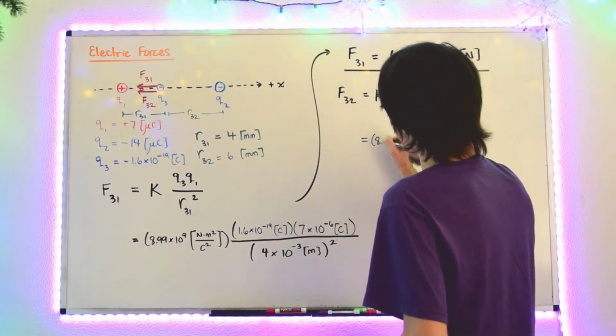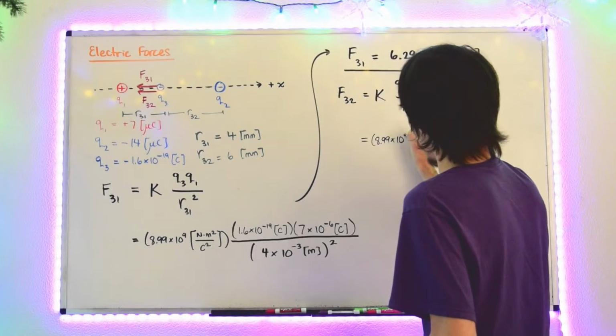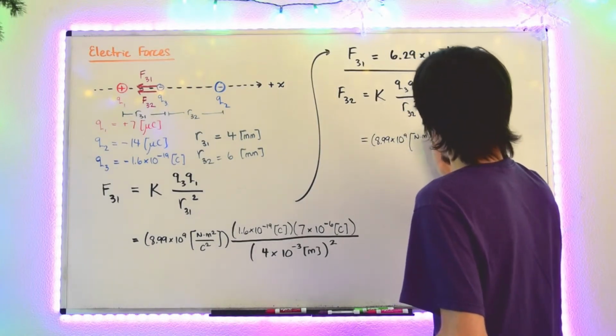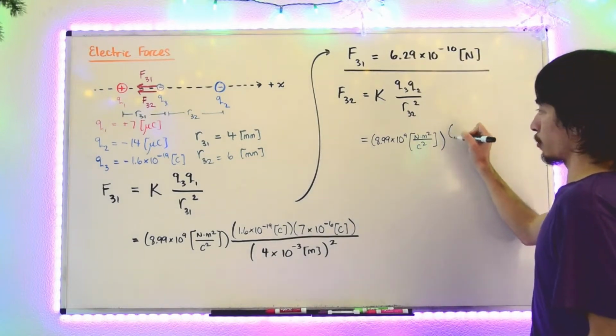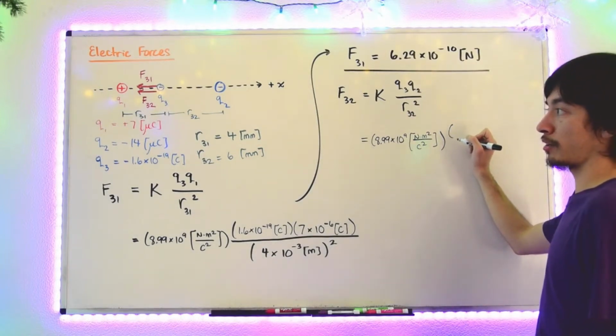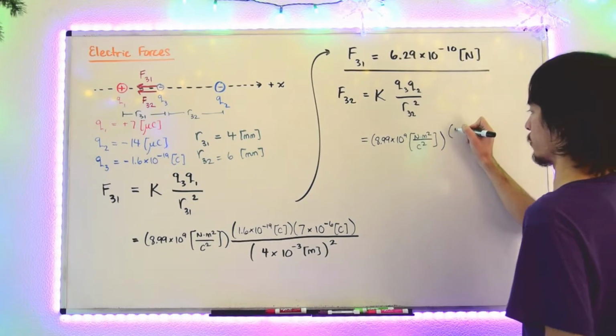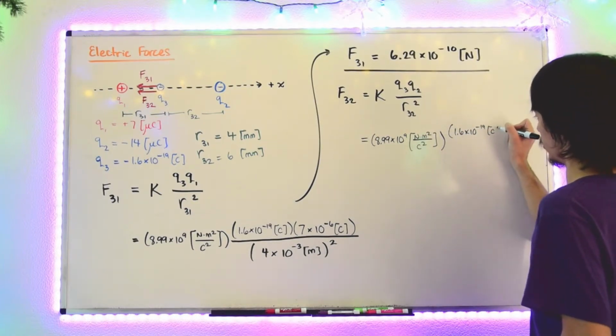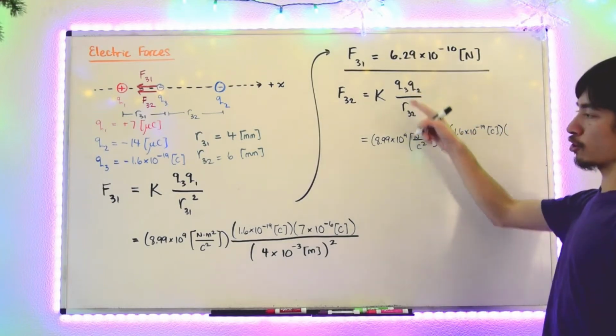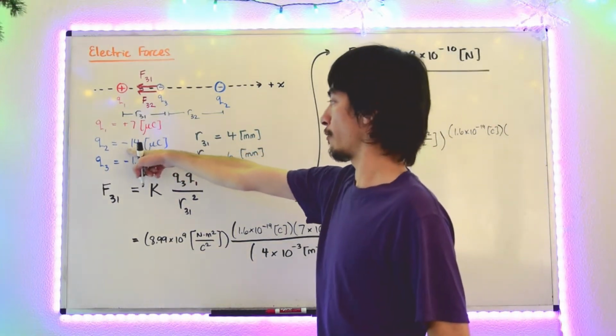K is 8.99 times 10 to the 9th newton meters squared per coulomb squared. Charge 3 is the electron, so its absolute value is 1.6 times 10 to the minus 19th coulombs, times charge 2, which is negative 14 microcoulombs.